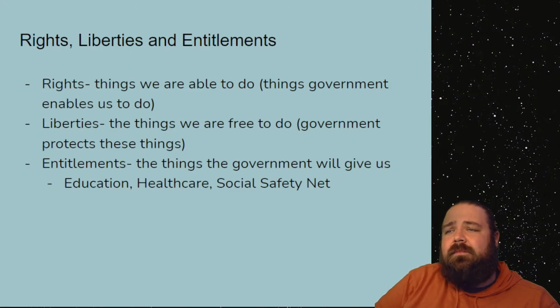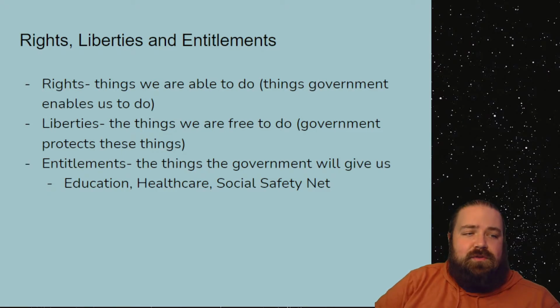Government aid and government assistance typically fits in here as well. So, like I said, these are things like education, healthcare, social safety net stuff, the stuff that's written. But those are things that the government actually administers to us, that gives to us. These are the things that we actually use politics for, the art of getting elected, to determine who gets what and when and how. Those are our entitlements.